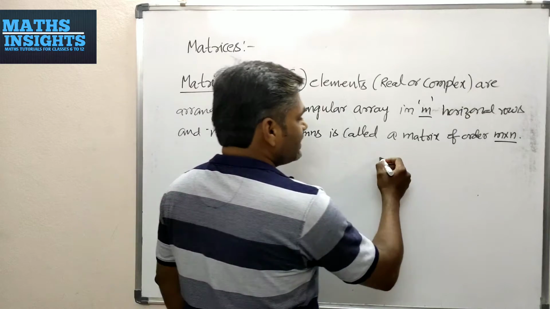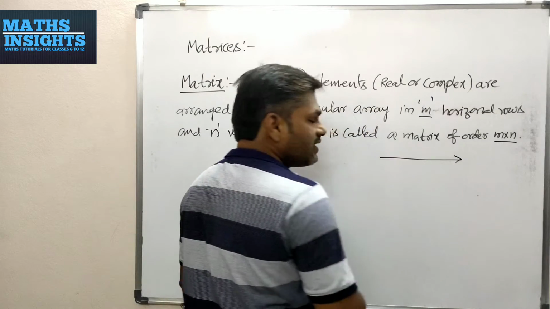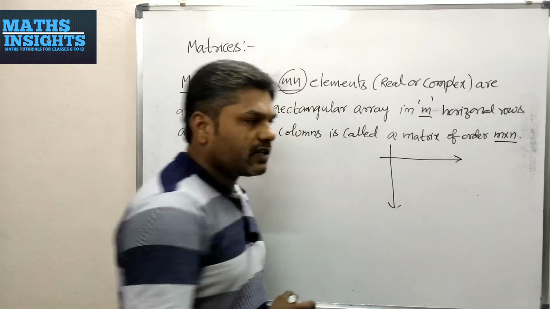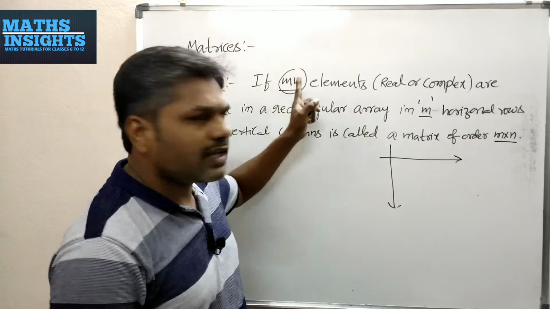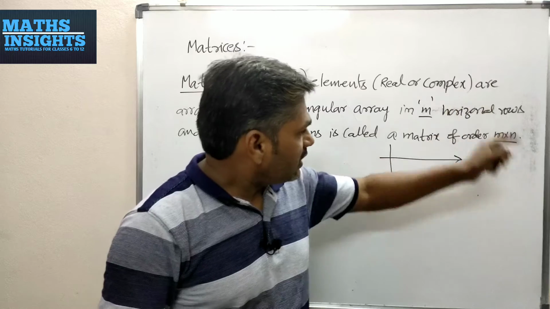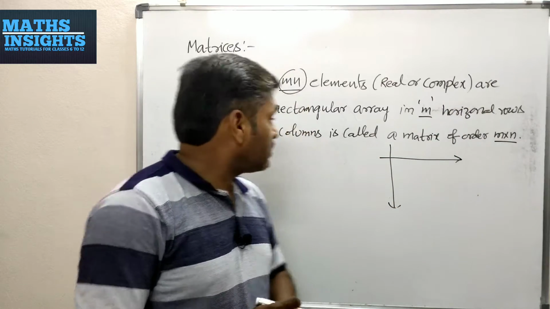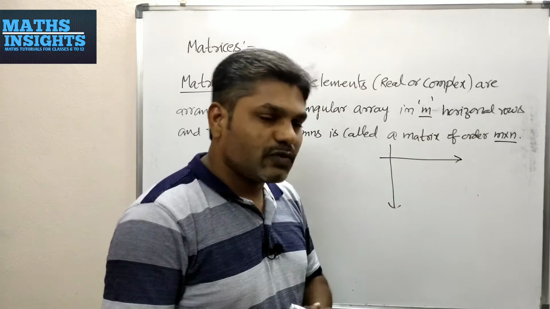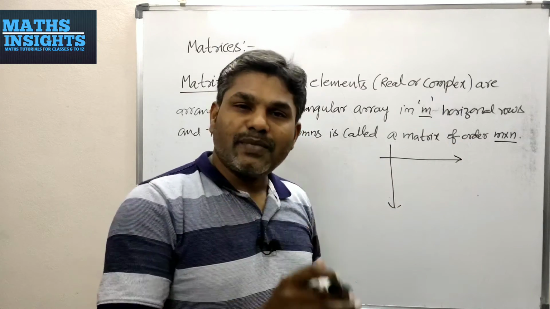You know, this line is called horizontal and this line is called vertical. Then that matrix is said to be of order m by n.